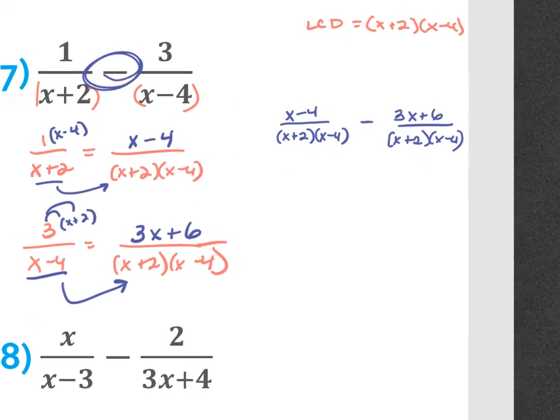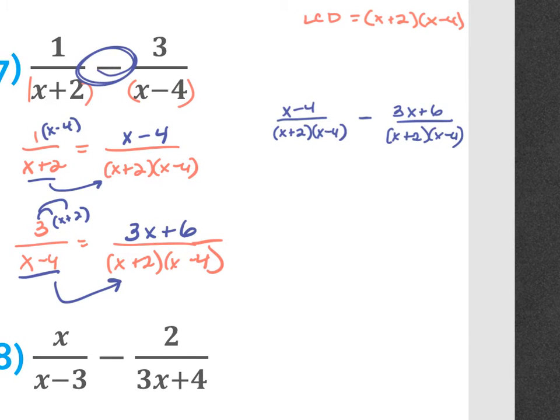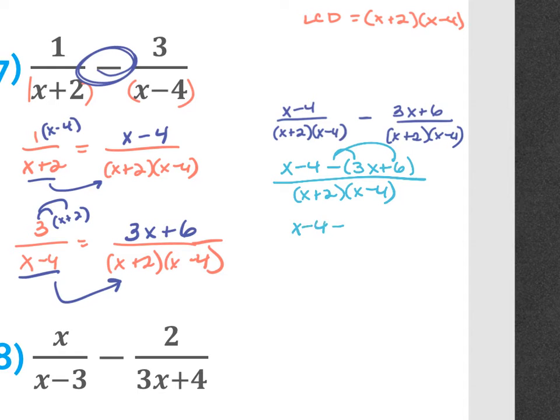Now the denominators are the same, so I can combine my numerators. x minus 4 minus parentheses, because that minus is going to go to both, 3x plus 6, over x plus 2, x minus 4. The minus goes to both, so I get x minus 4 minus 3x minus 6 over x plus 2, x minus 4.